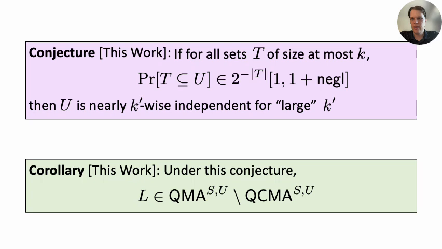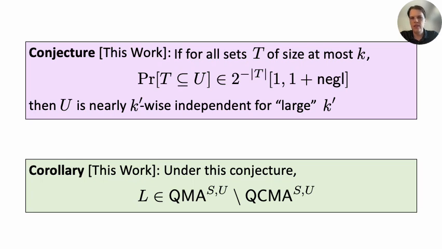K prime might be different than k, might be the same, but for some large k prime, we want that U is nearly k-prime-wise independent. So this conjecture is basically the bridge that we need to connect the statistical property we can actually prove on U to this notion of nearly k-wise independence that is sufficient to get our proof to go through.